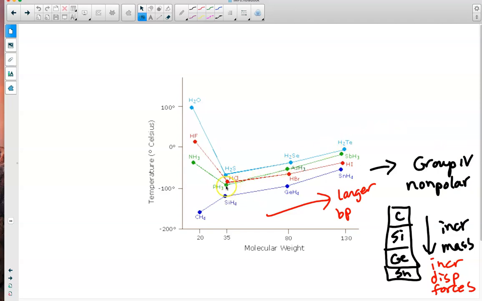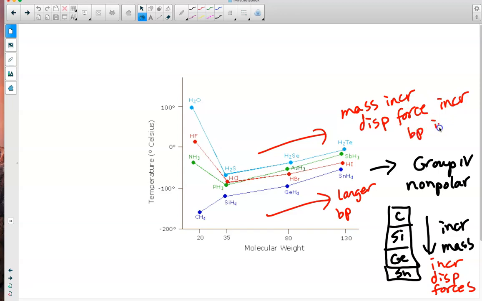That works for group 5, the phosphorus, arsenic, and antimony; group 7, which is chlorine, bromine, and iodine; and group 6, sulfur, selenium, and tellurium. As those masses increase, dispersion forces increase, and the boiling point increases. So again, this is mass increasing, dispersion force increasing, and boiling point increasing.